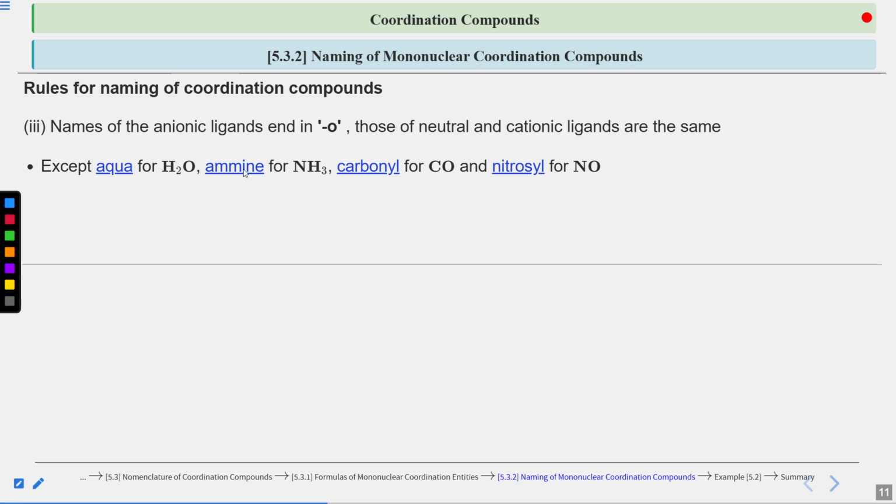For NH3 you use amine, for CO you use carbonyl, and for NO you use nitrosyl. These are the names for these four exception molecules that you use while naming a coordination compound. While writing the formula, these ligands are enclosed in brackets.